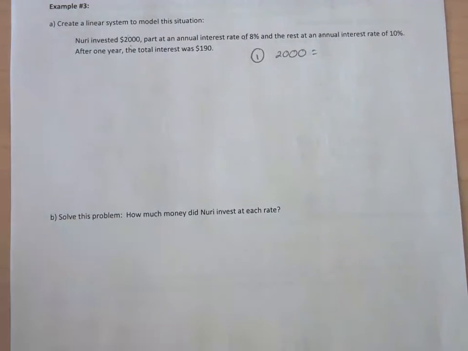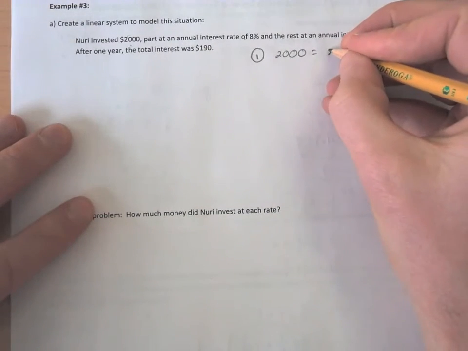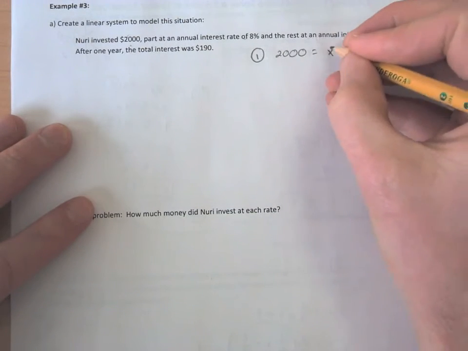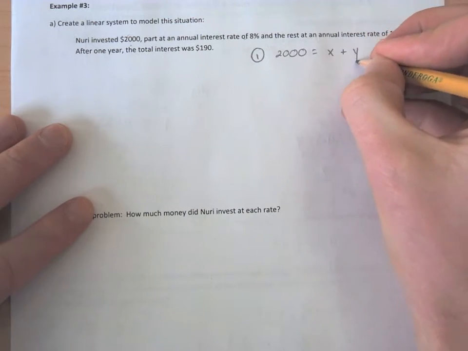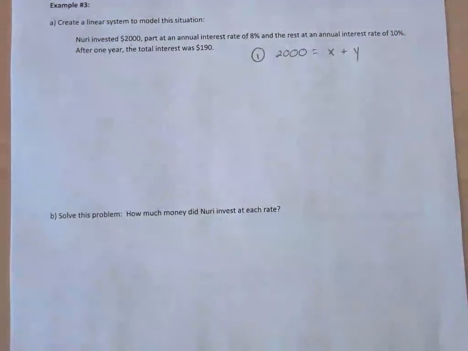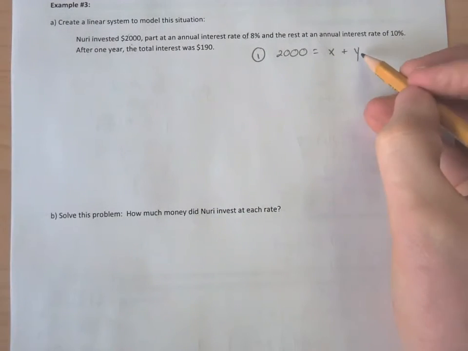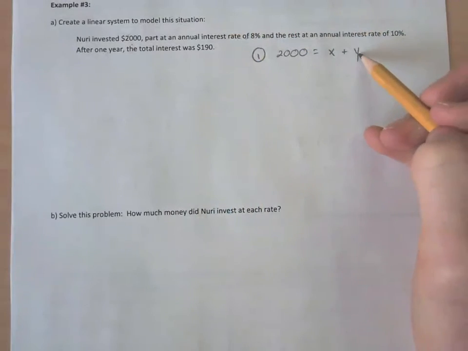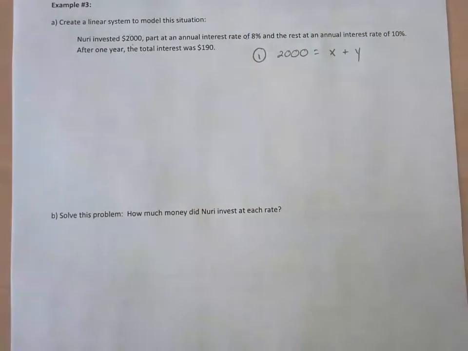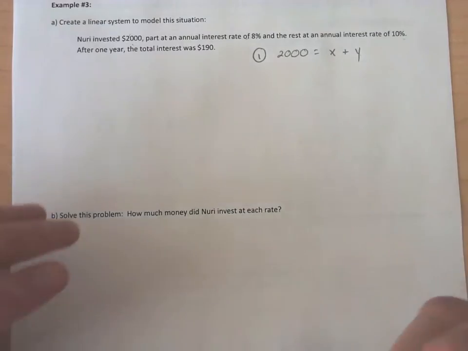I know that the amount of money invested at one rate plus the amount of money invested at the second rate has to be $2,000, because that's how much the person invested. So the amount invested in the 8% one and the amount invested in the 10% one, when they add together, should be $2,000.